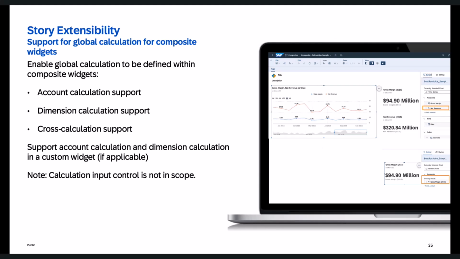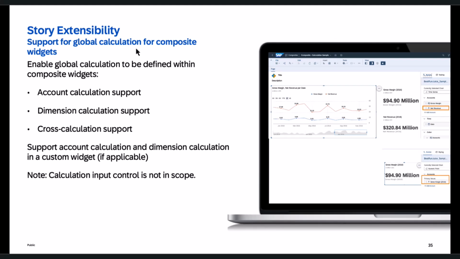Within a composite, now you are able to add the global calculations for charts and for table. We support account calculation support, dimension calculation support, and cross calculation support. We support account calculation and dimension calculation in a custom widget if it's applicable.